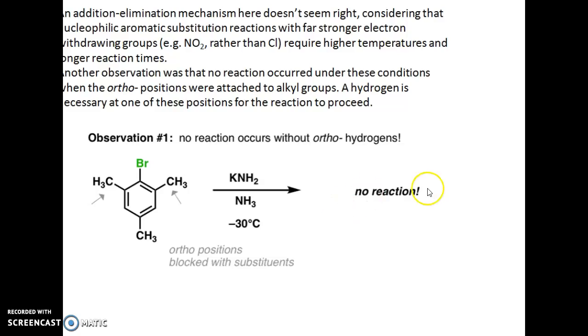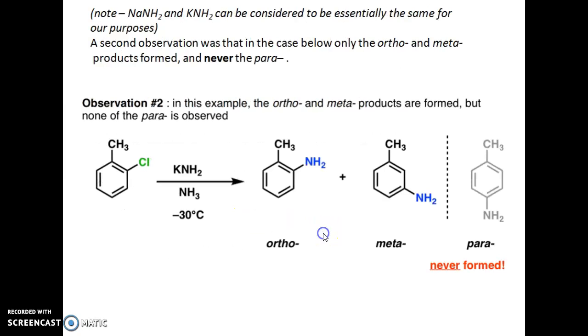No reaction seems to take place, because the hydrogen required for the reaction to proceed is not available in this case. Since there are no ortho hydrogens, the reaction is not possible for this example.